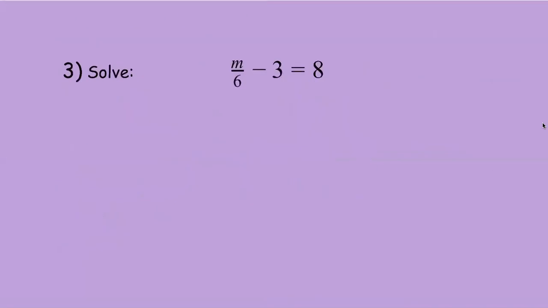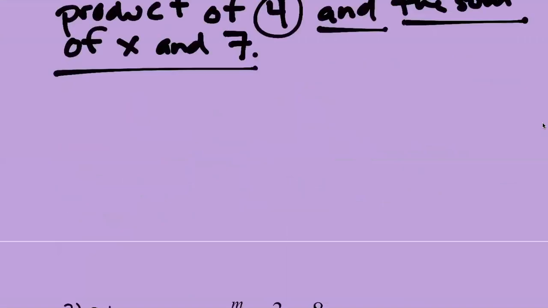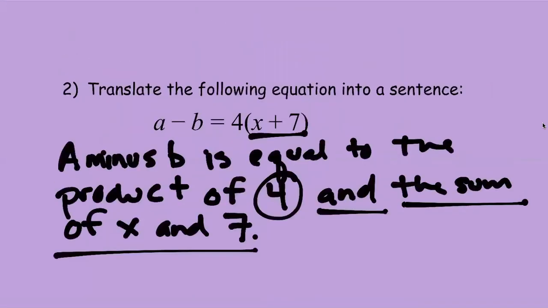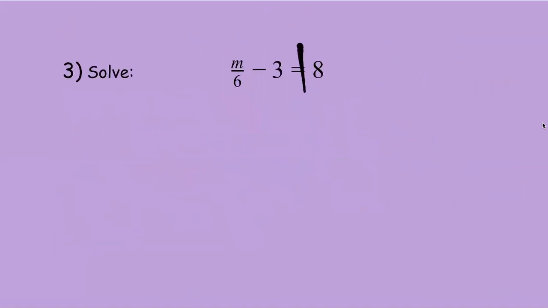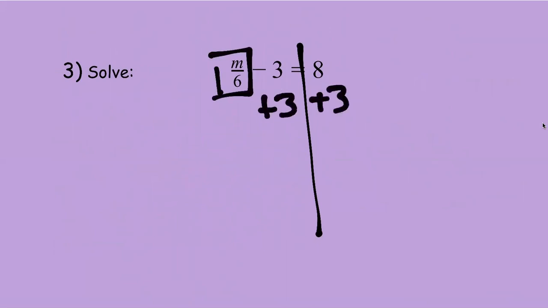All right, a lot of equation solving on this one. Let's put up our fence. We want to get m divided by 6 by itself. So we're going to add 3 to both sides because it's having 3 subtracted.